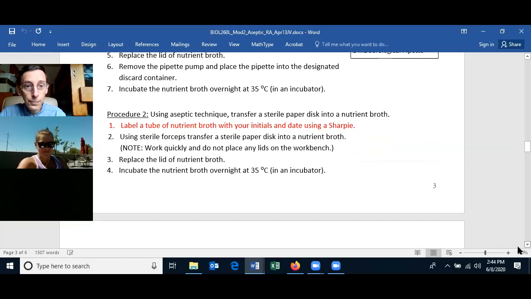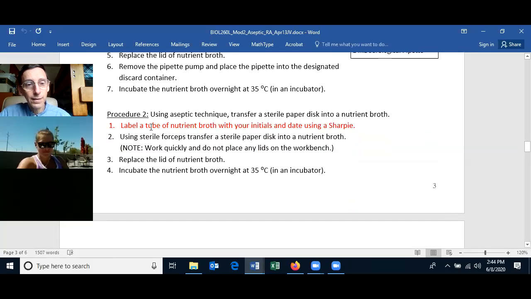In lab 2, use an aseptic technique to transfer a sterile paper disc into the nutrient broth. Since it's a sterile paper disc into sterile nutrient broth, if the technique works, you will get no growth in the tube.